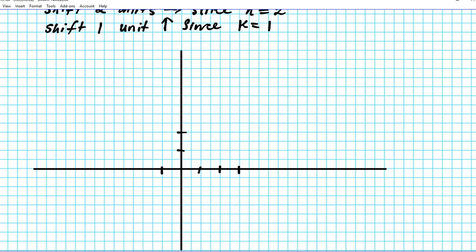To help us generate the graph of the parent function, we're going to create a table of guiding points. Just 3 points will suffice, just to guide our construction process. So we're going to call this guiding points.